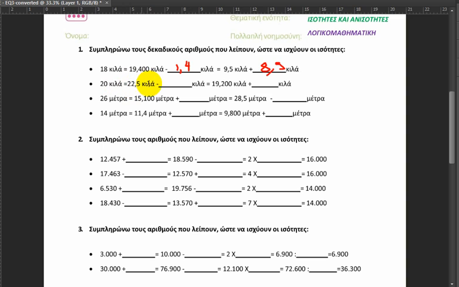Here we have 20, and it says is equal to 22.5 minus what? 22.5 is 2.5 more than 20. So if I subtract that 2.5 from it, I will get 20. Here we have 19.2, which is less than 20. How much less? 0.8.